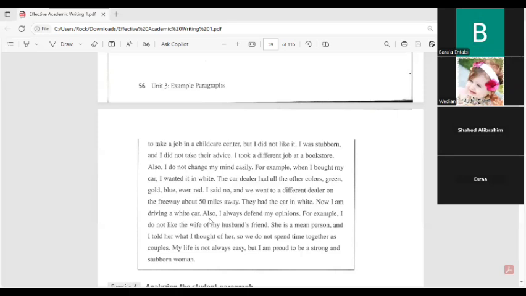Now I am driving a white car. Also, I always defend my opinions. Another example, you see, this is example number 3. When you need to describe yourself, your characteristics, you don't need to add 3 or 4 characteristics or traits to convey to the reader.